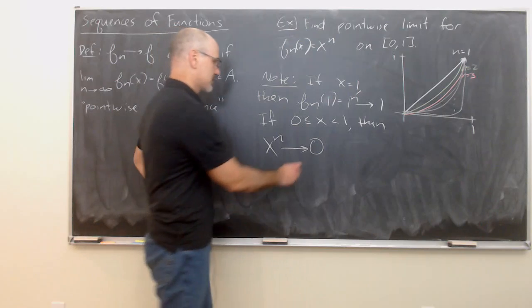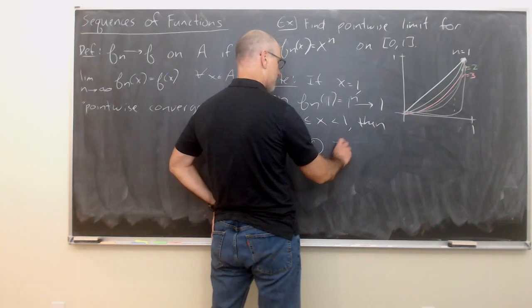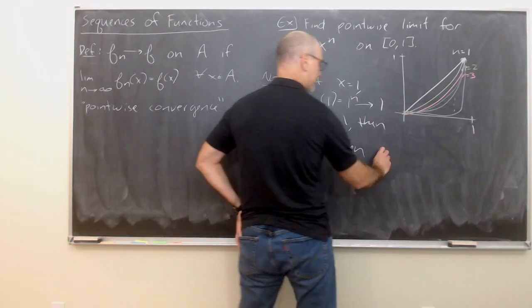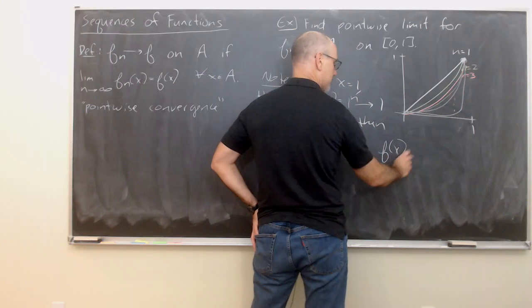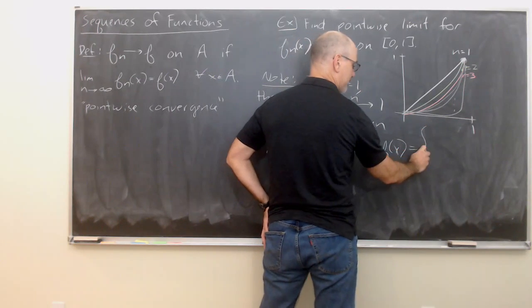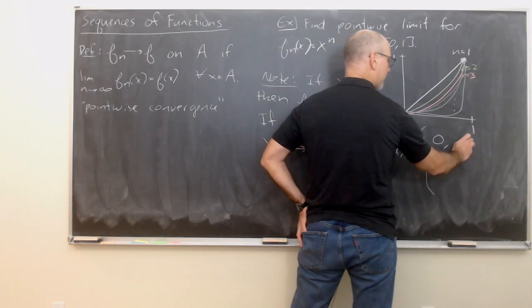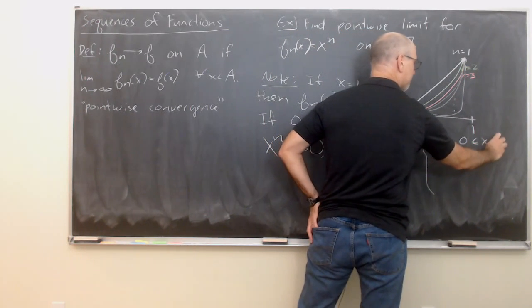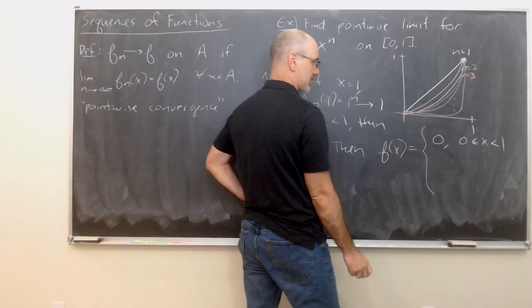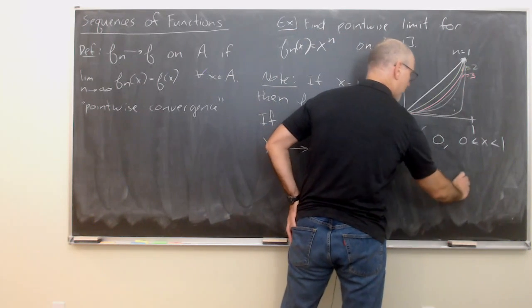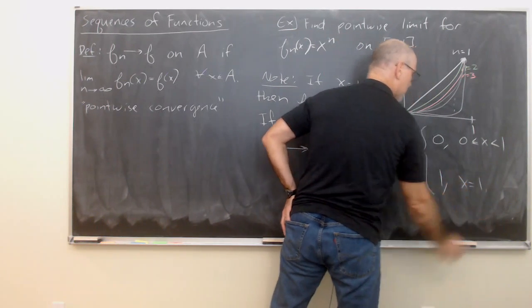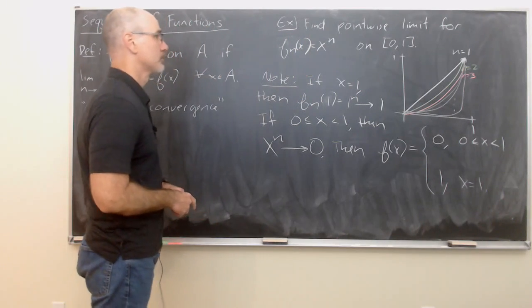And what that does is define our limit function, f of x. We have to define it piecewise. It's equal to 0 for every x that isn't 1, and then it's equal to 1 when x is 1.